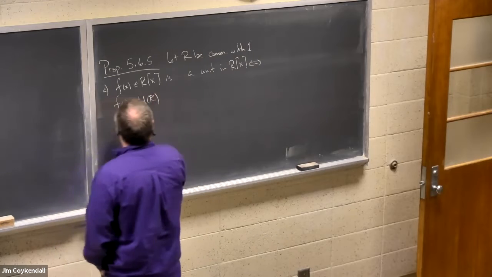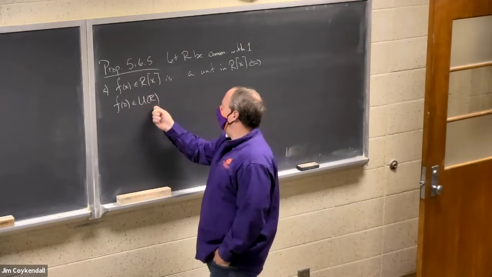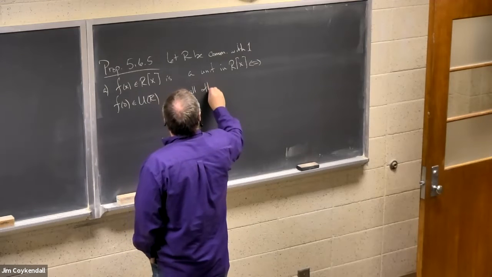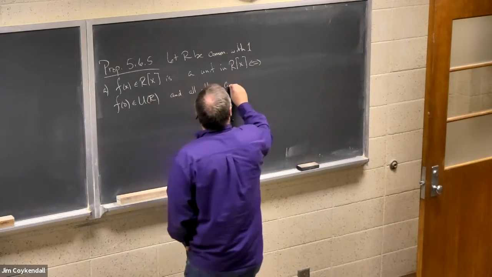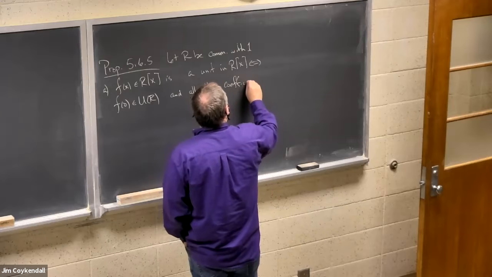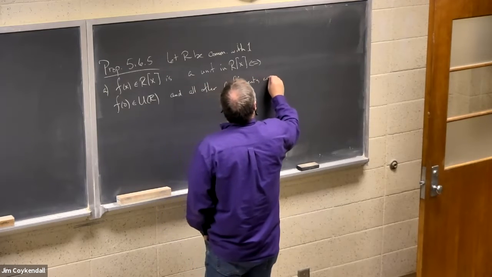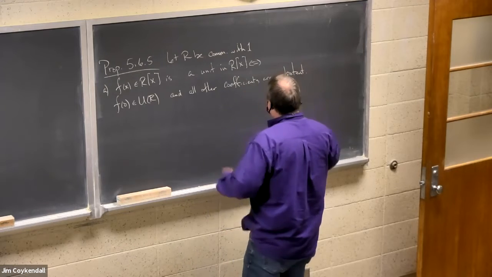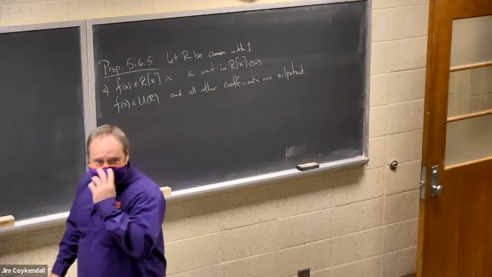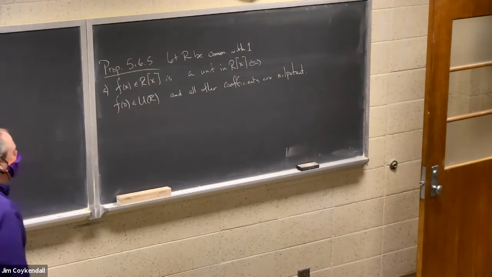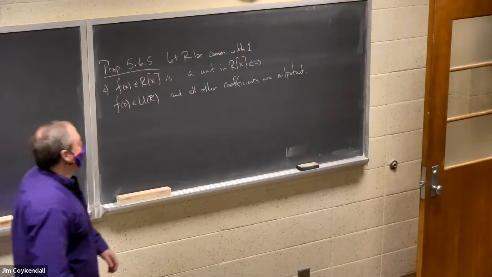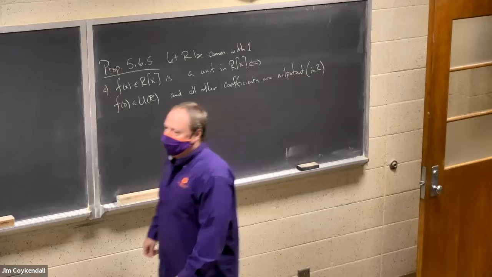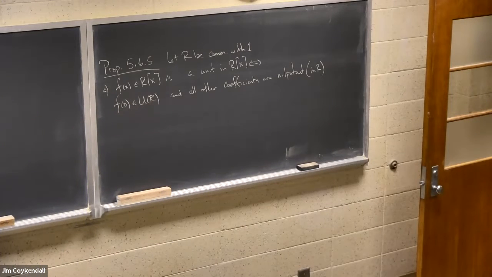So the constant term has to be a unit in R, and the other coefficients are nilpotent. Does that just mean nilpotent in R? Yes, nilpotent in R.